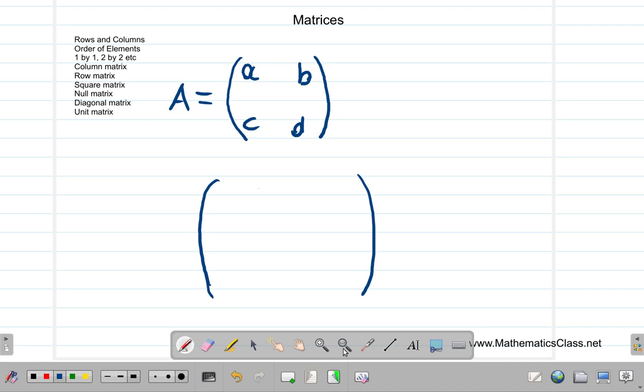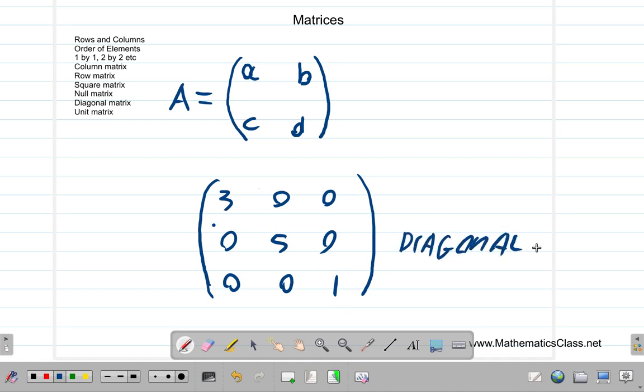Now, here. If you have this matrix, this is what is called a diagonal matrix.